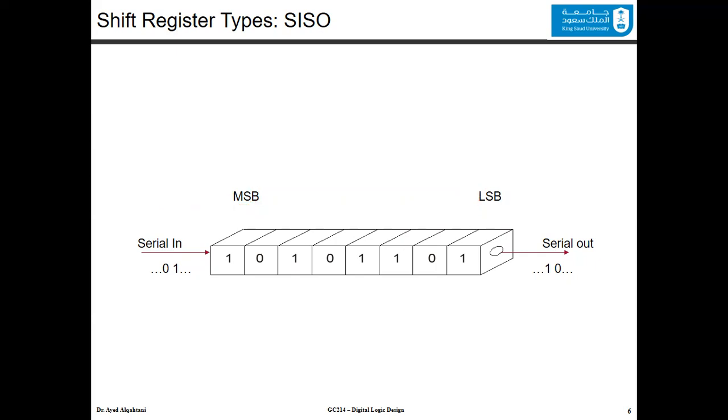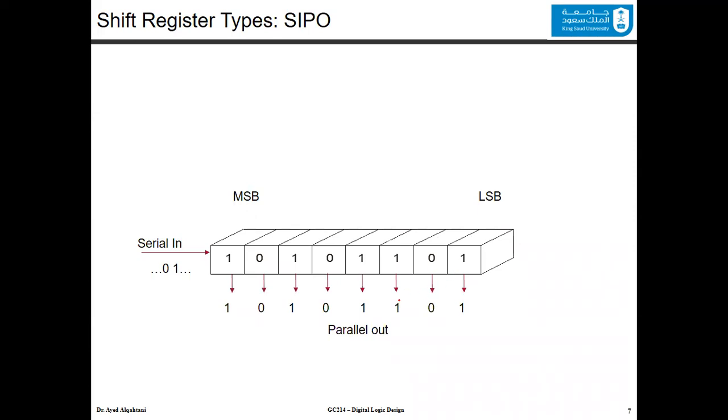Now, there are other types. Actually, there are 4 types, and this is the first one, the SISO. The second one is if you have a serial in, but the output is parallel, meaning you output all the bits in one clock cycle at the same time.